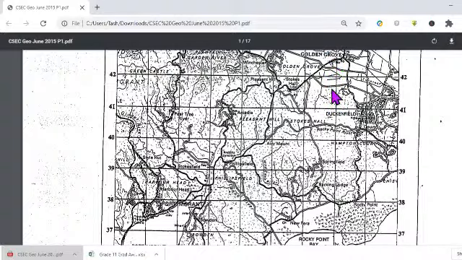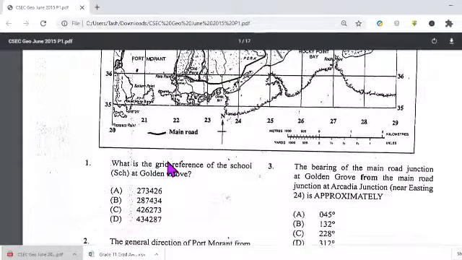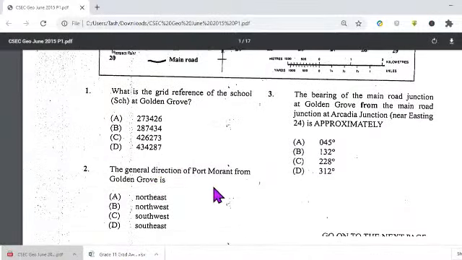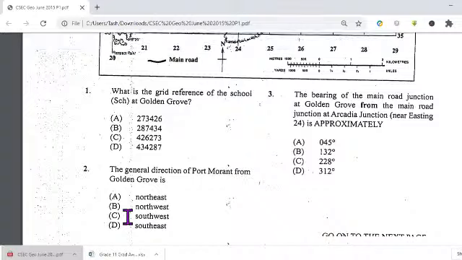So you draw your north-south line here, connect your 2 points. So that means it is towards the south and it is towards the western side. So we're looking for a southwest answer. So we just go back to check. There we go. The general direction of Port Morant from Golden Grove is southwest. So our answer for number 2 would have been letter C. Good job, Vadish, again, and good job, Duki and Haven.